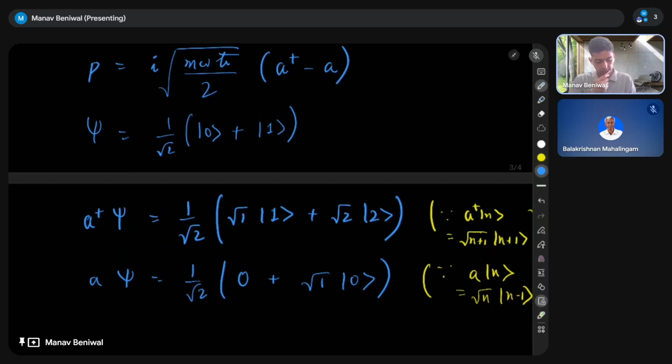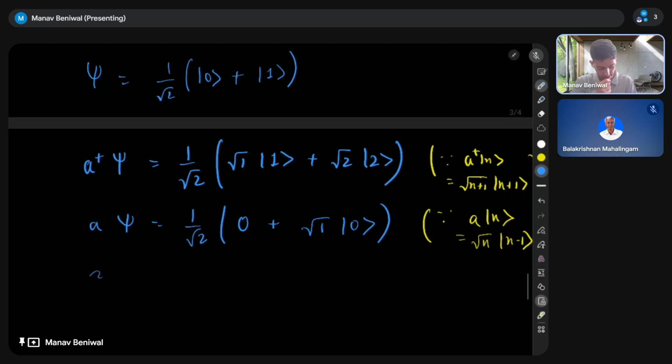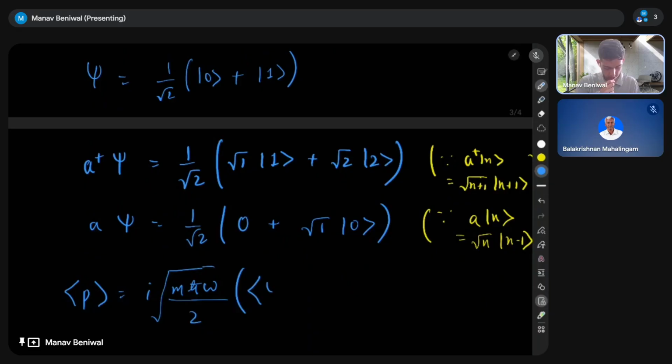Good, so now the expectation value of our momentum p becomes iota m h cut omega by 2 times psi a dagger minus a psi.